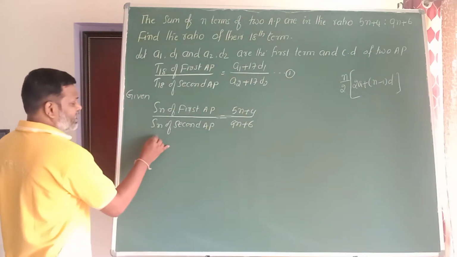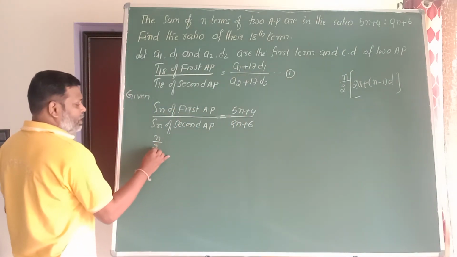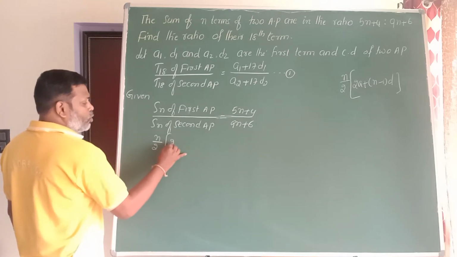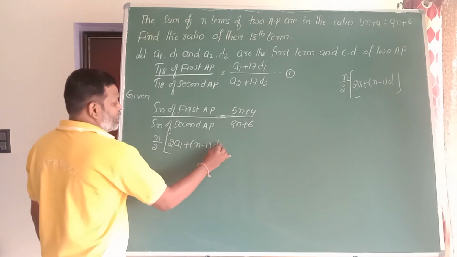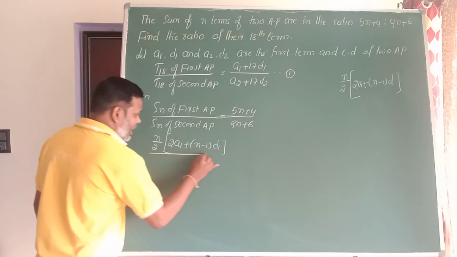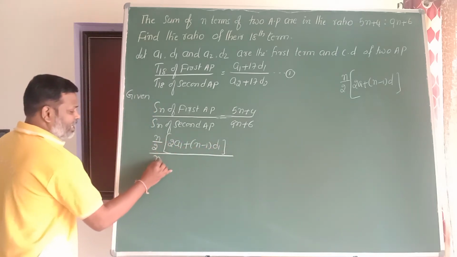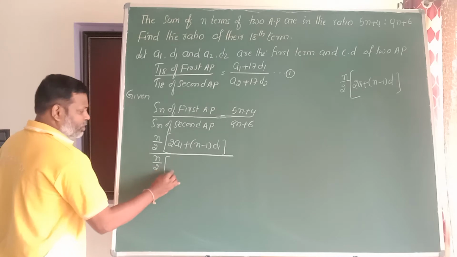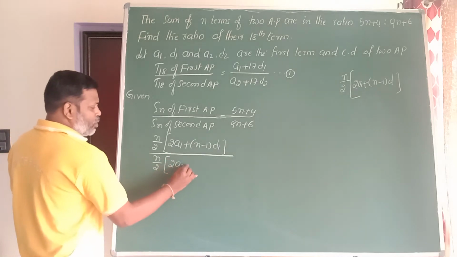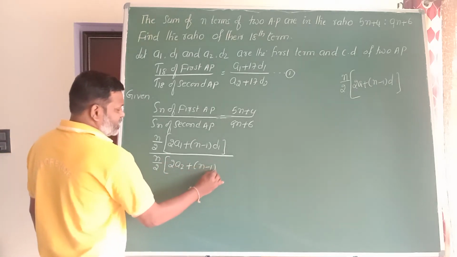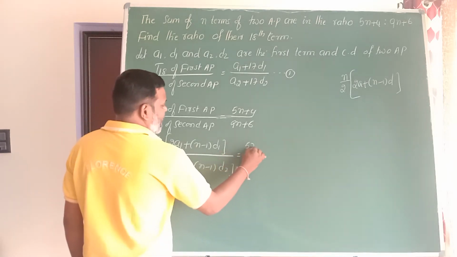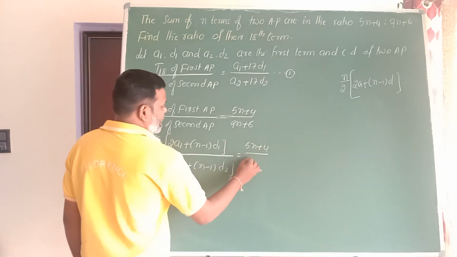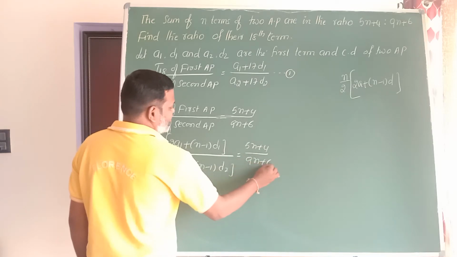Sn of first AP is given by n by 2 into 2a1 plus n minus 1 into d1, whole divided by second AP, n by 2 into 2a2 plus n minus 1 into d2, that is equal to 5n plus 4 divided by 9n plus 6.